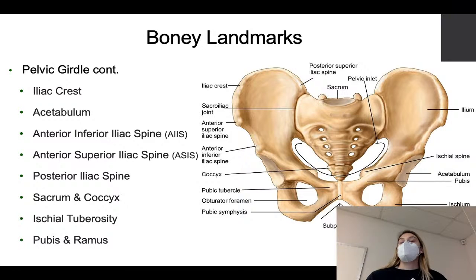So that is our sacrum. And then connected to our sacrum is going to be our coccyx, which is this very end little tip, which is going to be our tailbone, so coccyx. So we've got sacrum, which we can see, and then the tip of it is going to be our coccyx. Any questions on pelvic girdle?